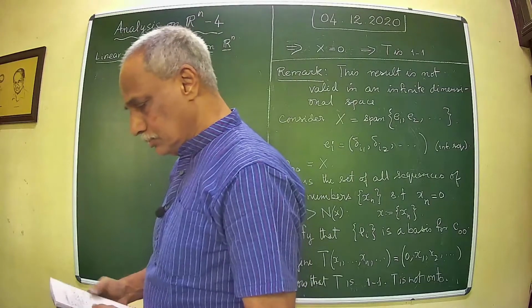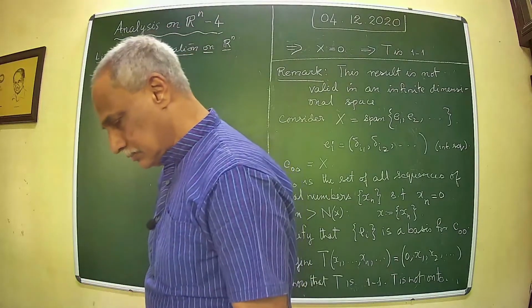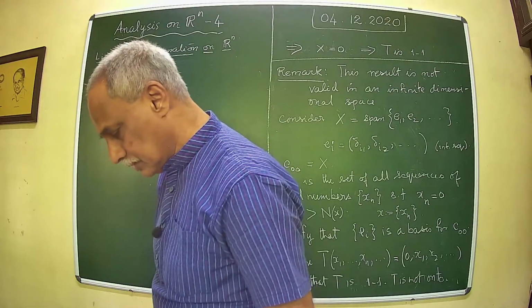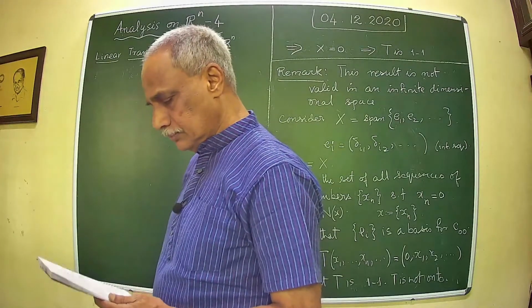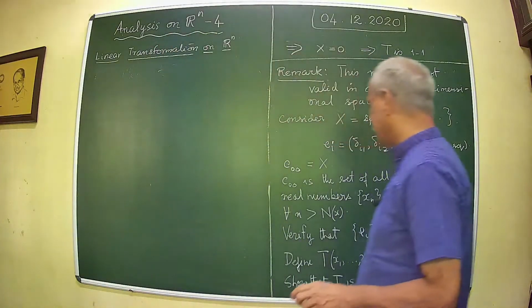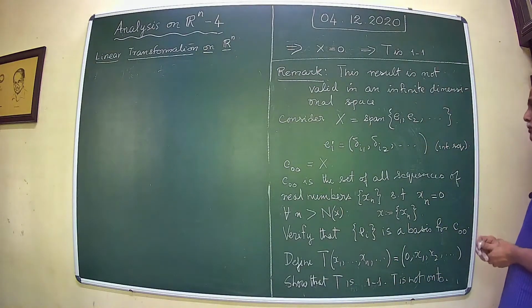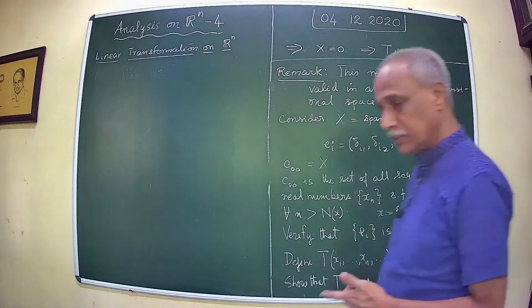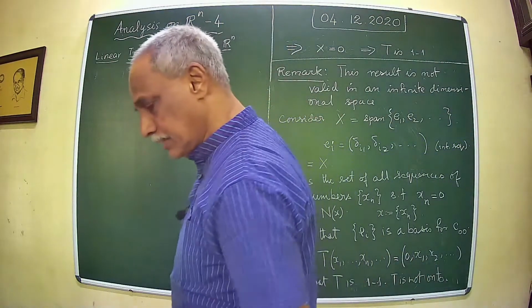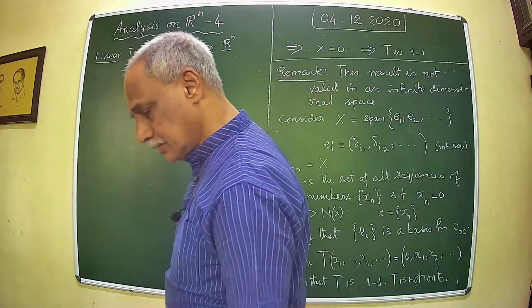So now let us look at some examples where the operators are not invertible. Maybe I can do that and it's not difficult.